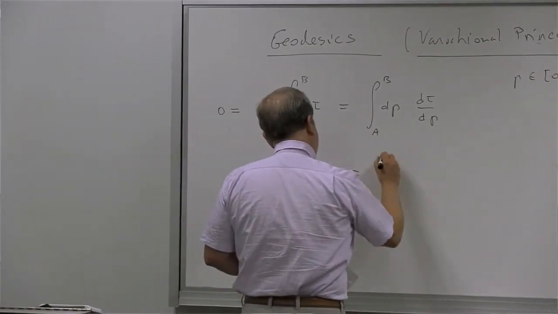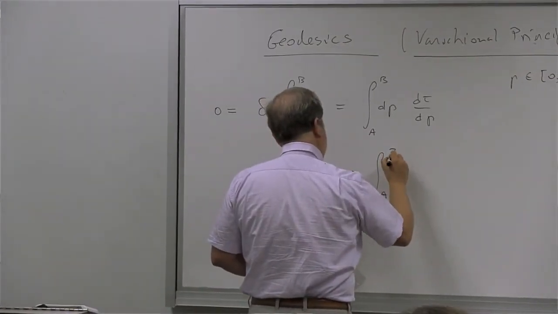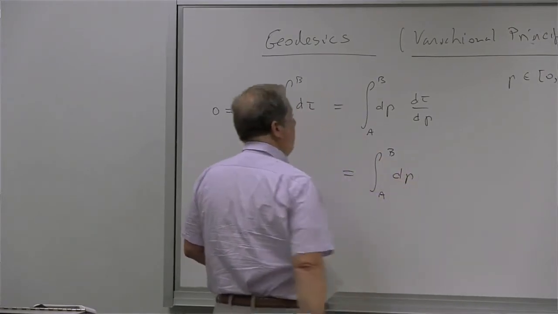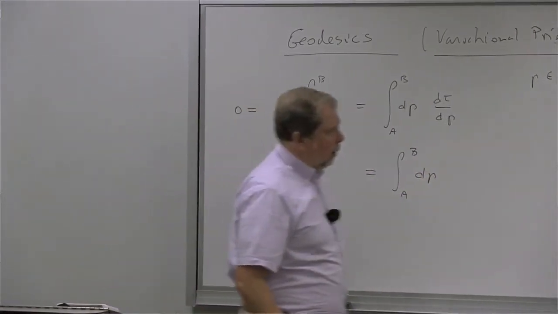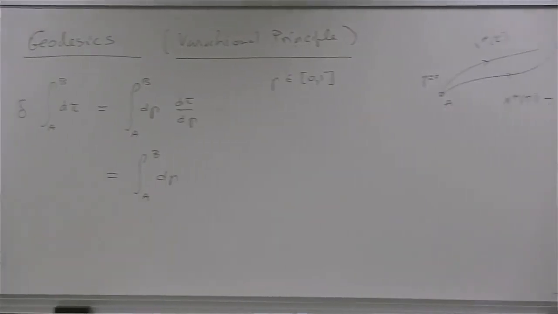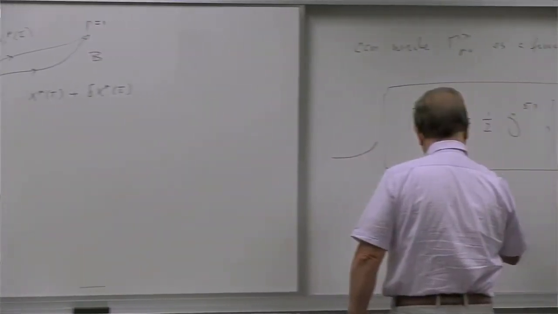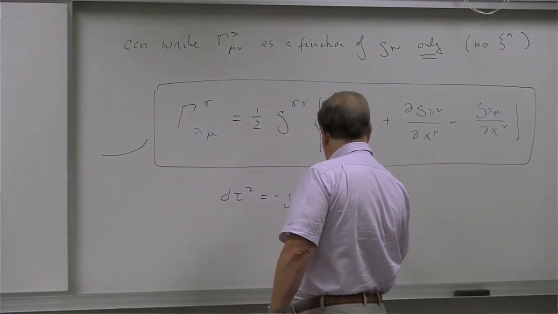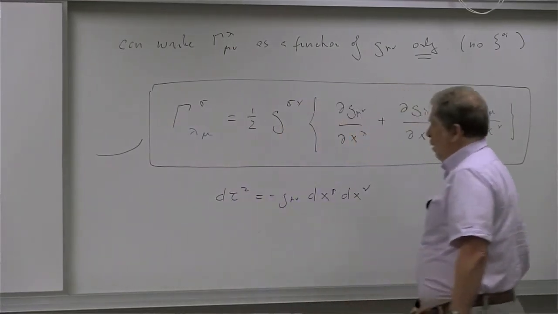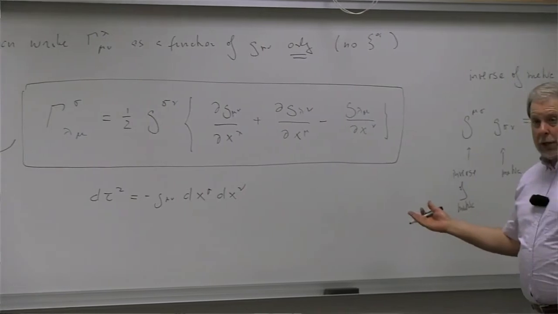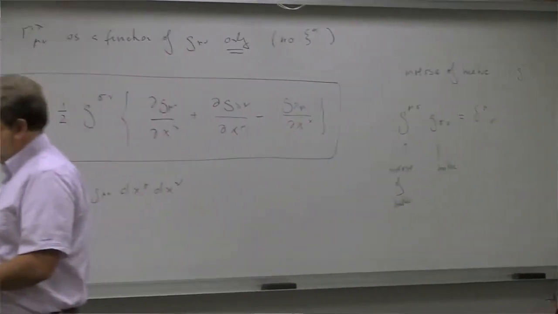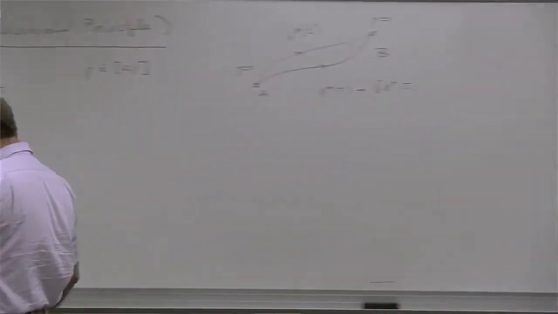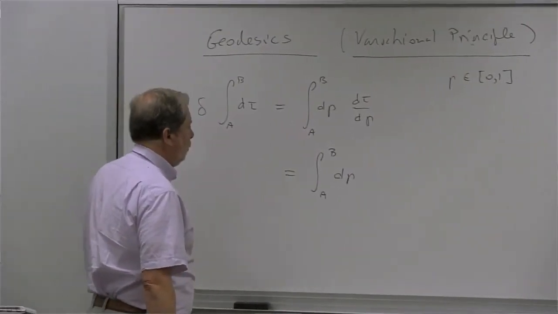So now we bring in the metric, and so we do that by writing the dτ, right? I can write it here again. Remember that dτ squared is equal to minus g_{μν} dx^μ dx^ν. Right? So the dτ itself is the square root. Right?